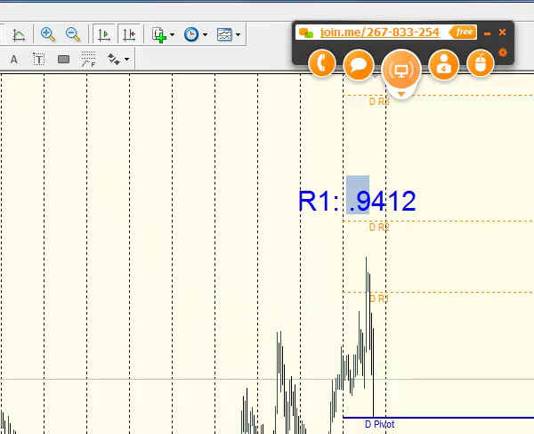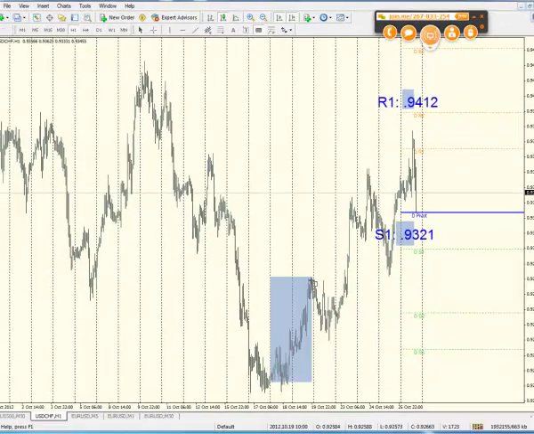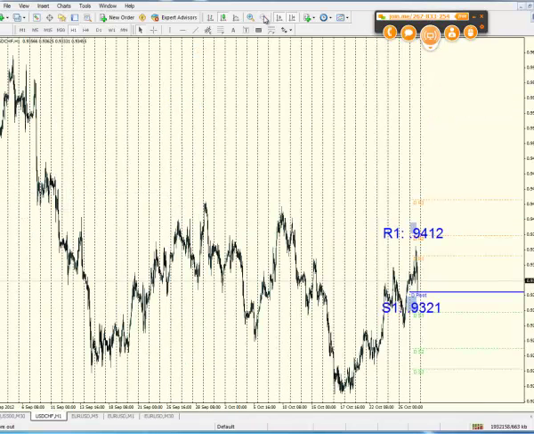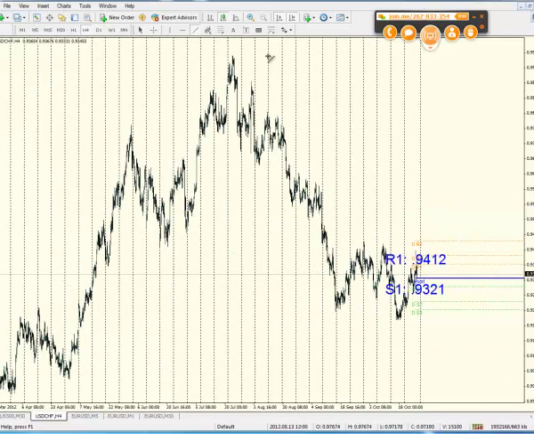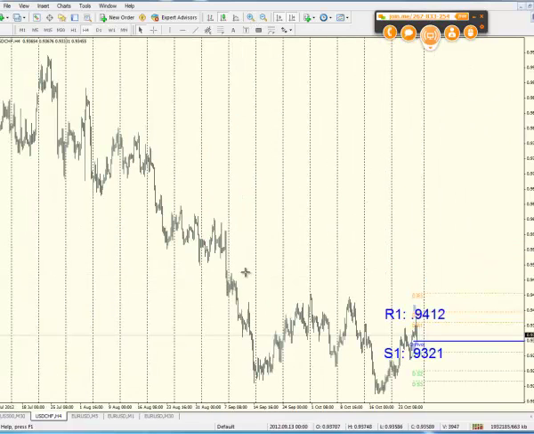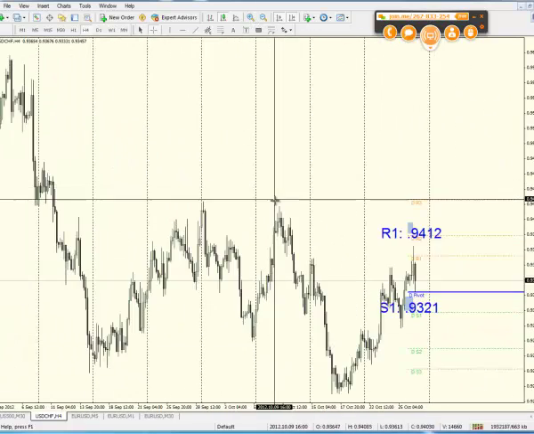If that sticks, this whole leg can be a lower high in a larger structure consolidation, in something that has a lot of bearish momentum built into it. So that implies further weakness.